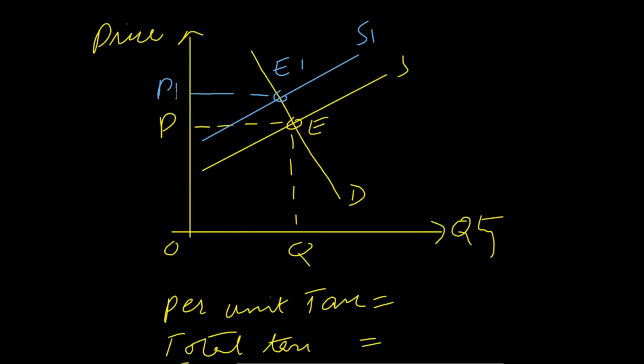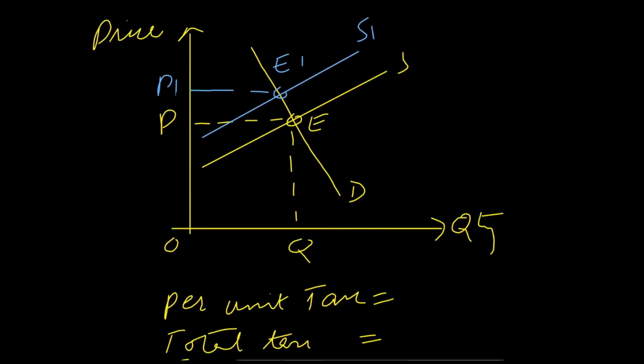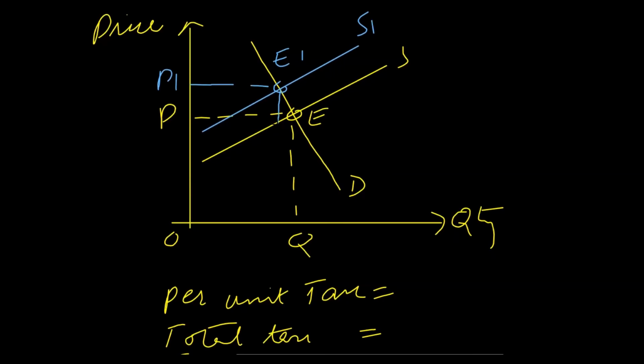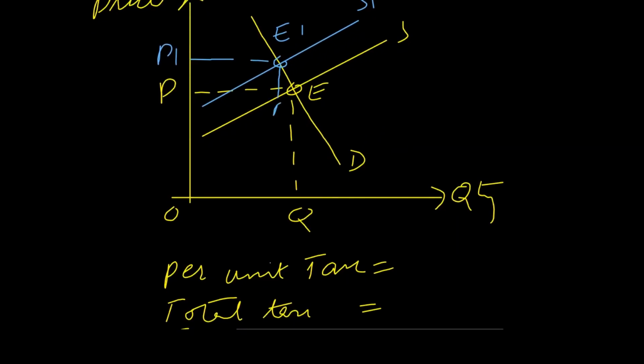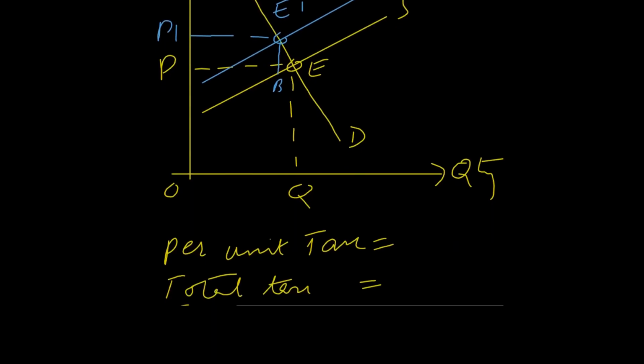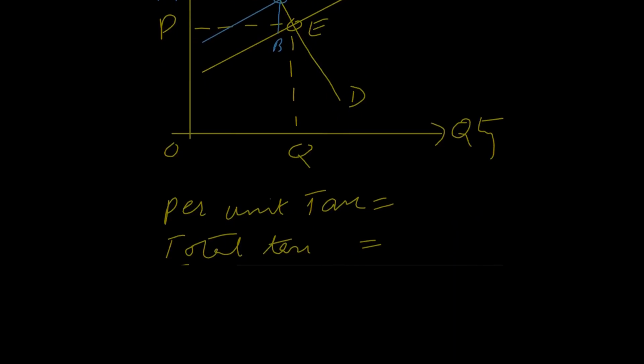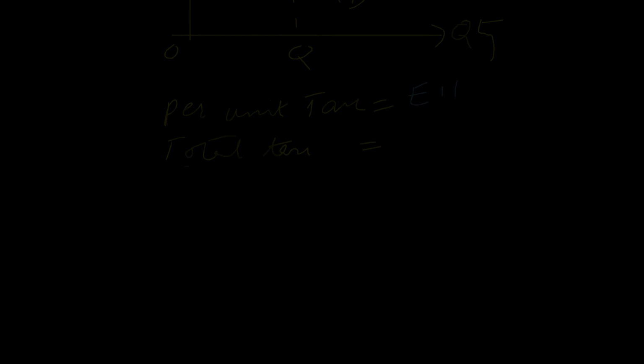And now we have to find out the per unit tax, and the per unit tax is the vertical gap between the two supply curves. So from the new equilibrium E1 to the initial supply curve at point B, we draw a perpendicular. So per unit tax is E1B.